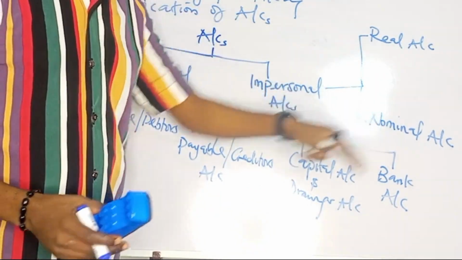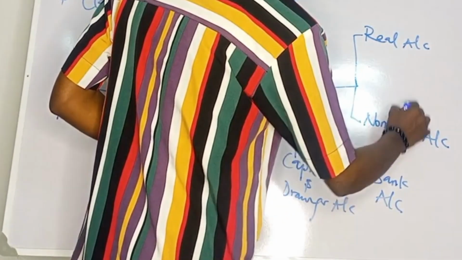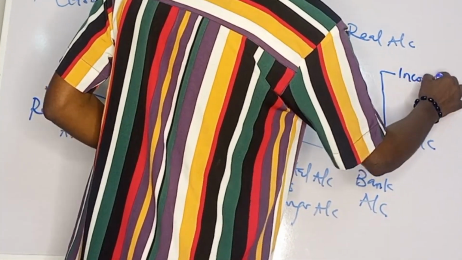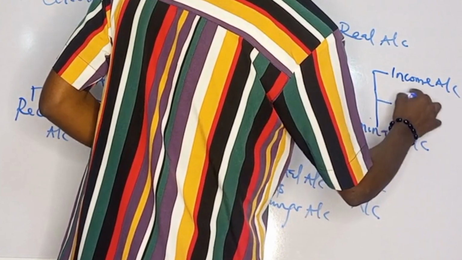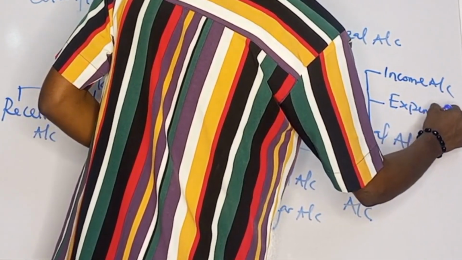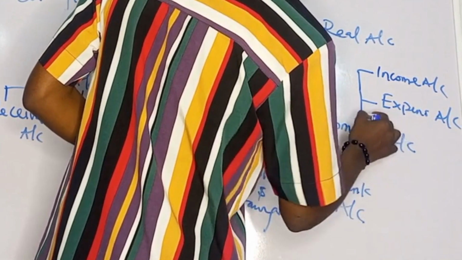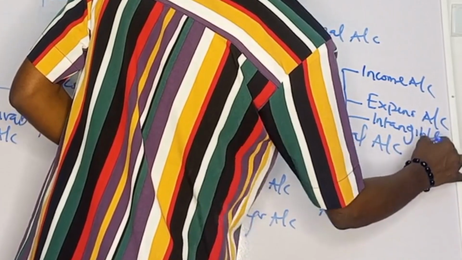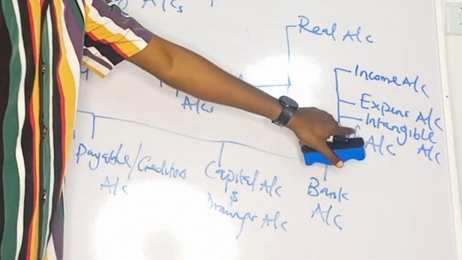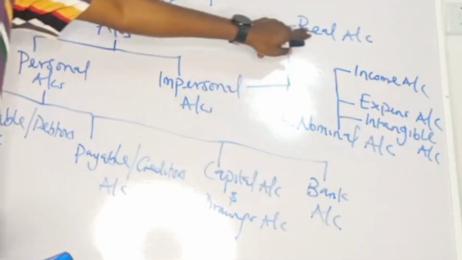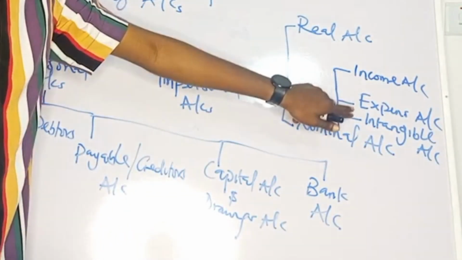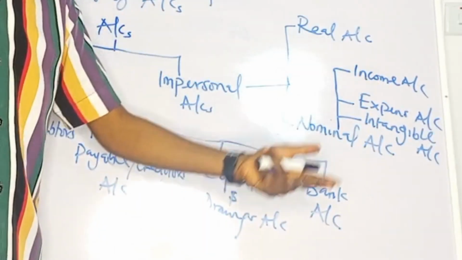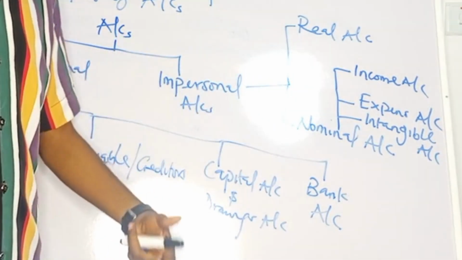Then under nominal account, we have them in three categories. We have the income account, we have the expense account, then we have the intangible account. Income account has to do with inflow into the business.